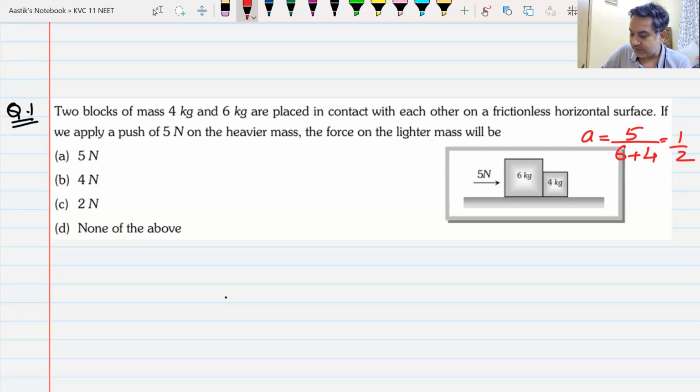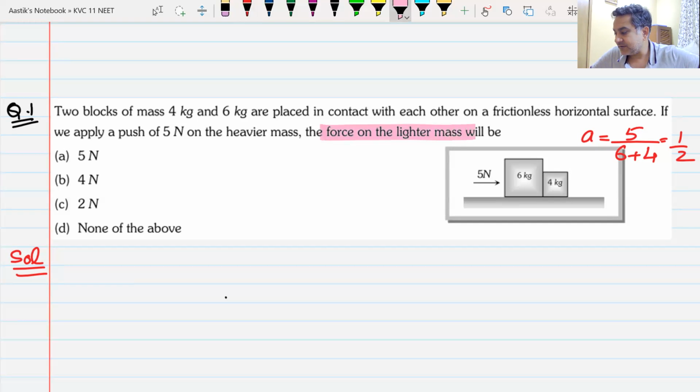Can you get me the force on the lighter block?